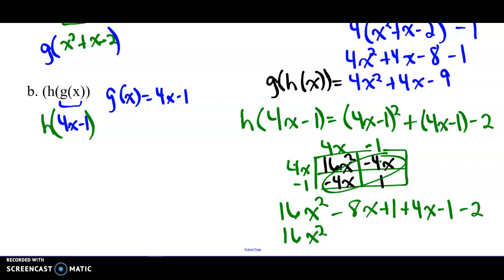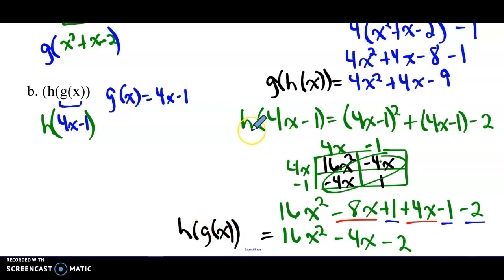I'm able to combine my like terms, negative 8x with positive 4x, which is negative 4x. And then we also do positive 1 minus 2. So at the end we have minus 2. And this is our function h of g of x.